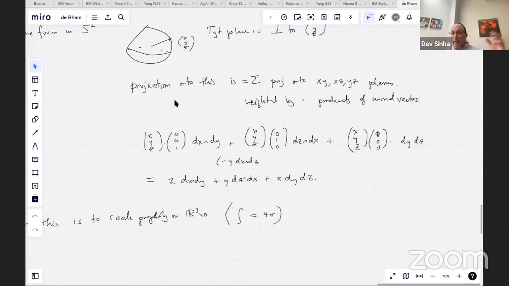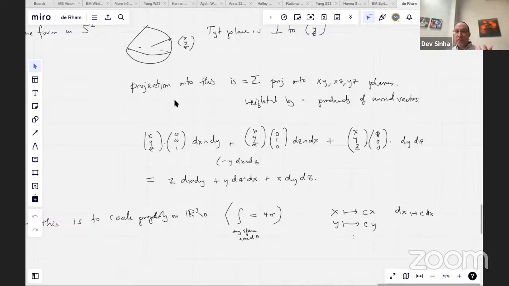So the integral over any sphere around 0 is going to be 4 pi. Well, if you think about it, if x is scaled by c and y is scaled by c, etc., then that means that dx is going to go to c dx, scaled by c.